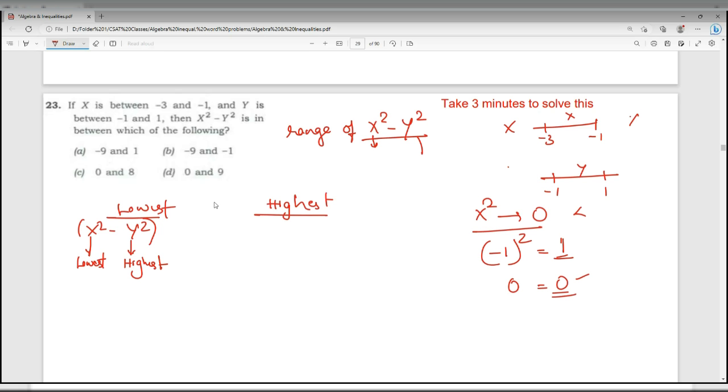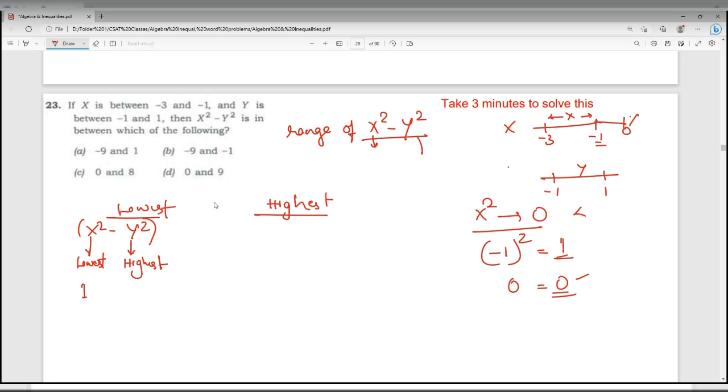So the lowest part of x square is 0, and we have to see whether x has 0 in its range. 0 is not in the range of x, which is only from -3 to -1. So the lowest value that x square can have is 1 square.